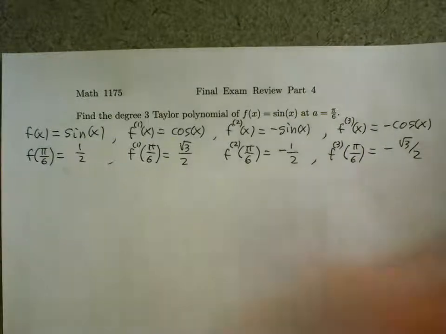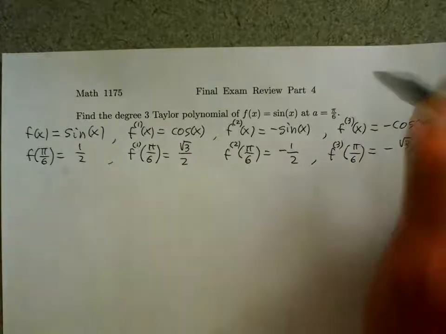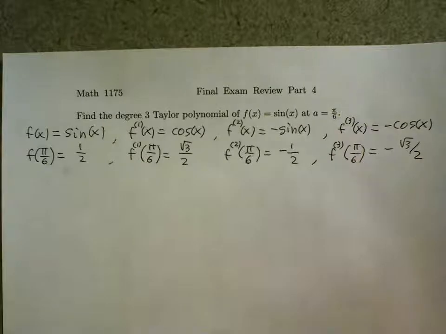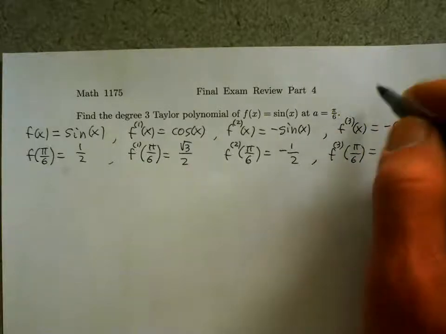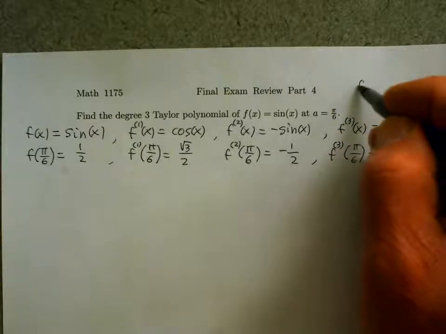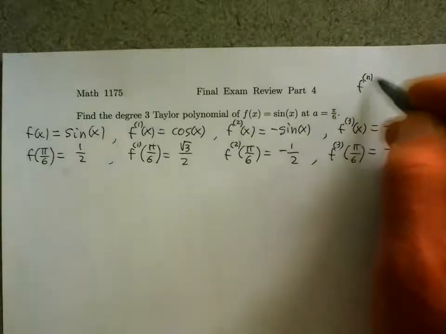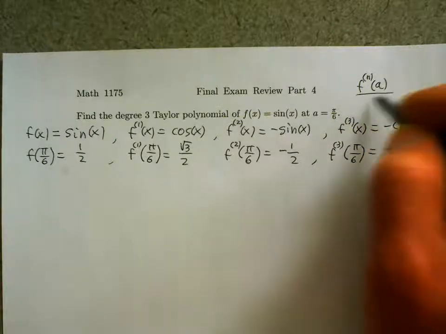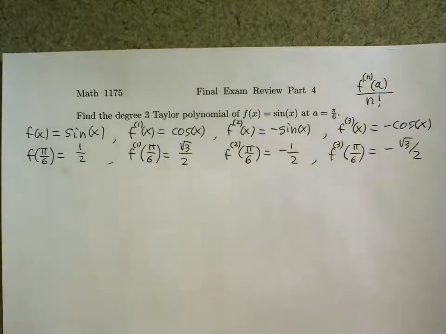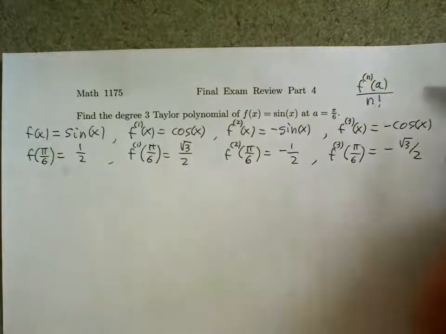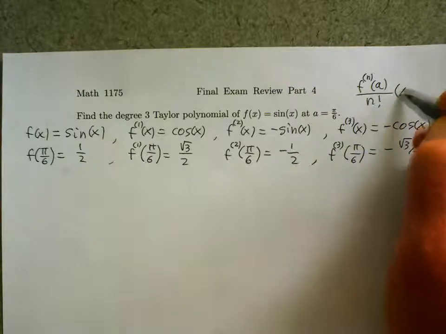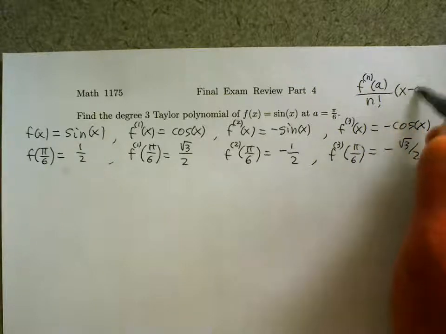So just a reminder of the Taylor polynomial, the Taylor coefficients have the form the nth derivative of f evaluated at a divided by n factorial. And then those are multiplied by the binomial x minus a to the n.